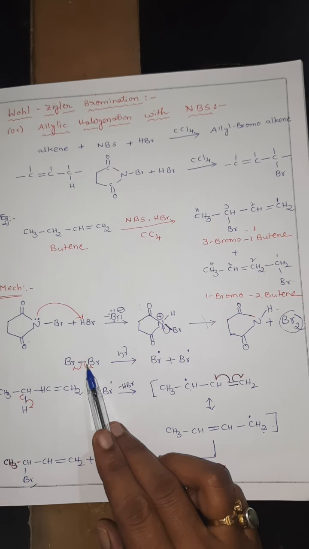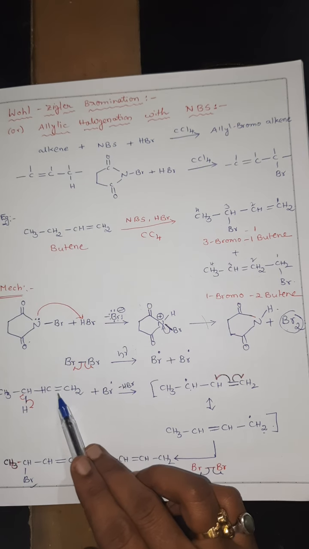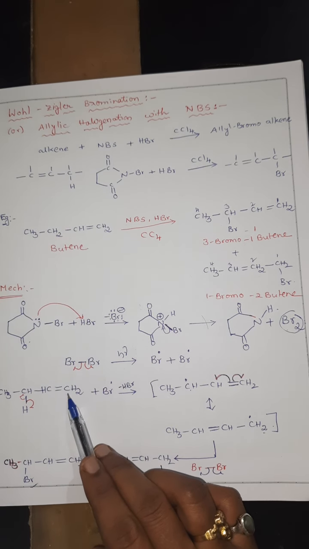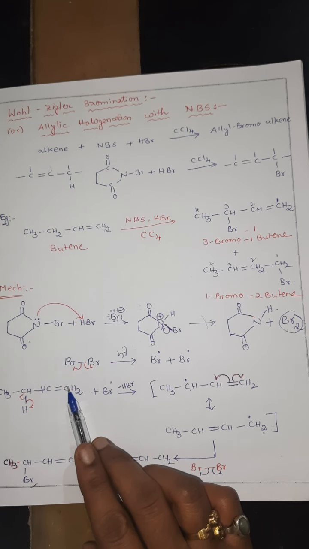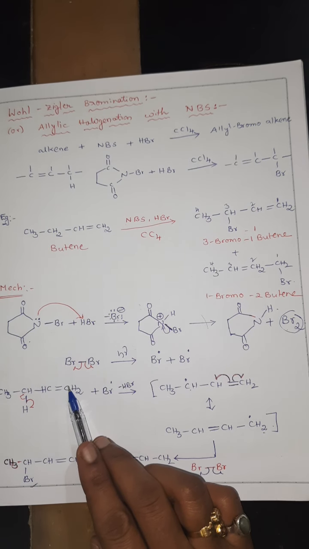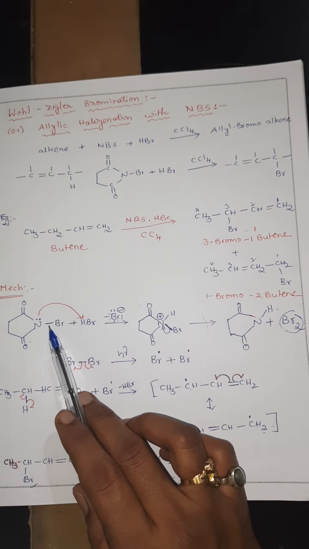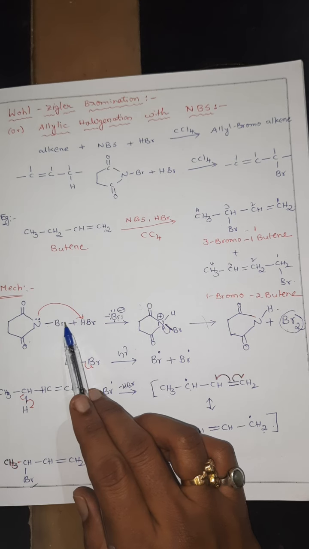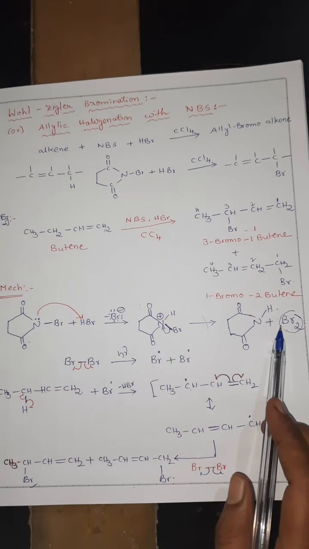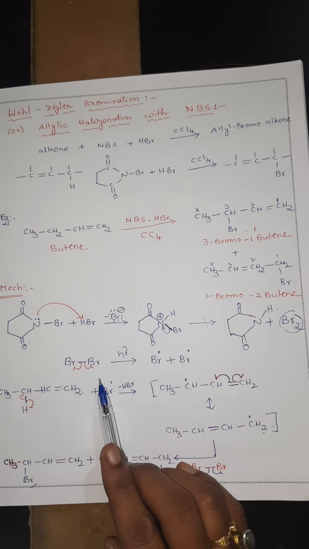The bromine attacks the double bond present in the alkene and undergoes an addition reaction instead of a substitution reaction. So here we take N-bromosuccinimide to produce molecular bromine instantly in low concentration. Then only this reaction takes place.